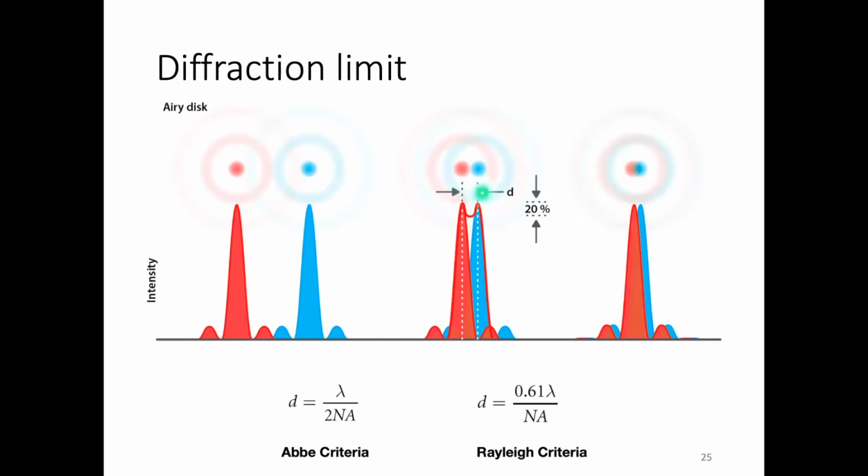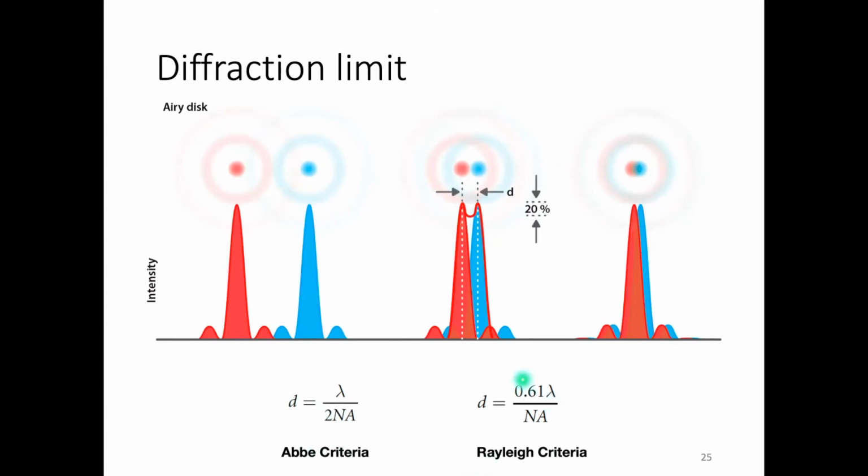So the distance d, where I can still distinguish the two dyes, is typically defined by the fact that the valley between the two points should have an intensity drop of about 20% or more. So this value d was predicted by two people, Mr.